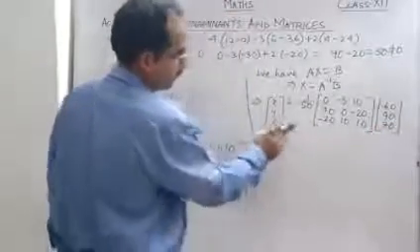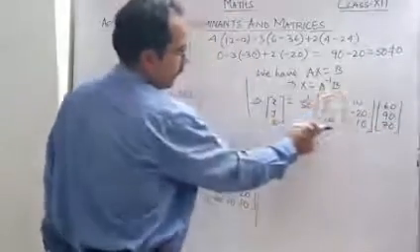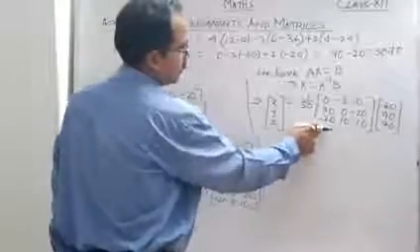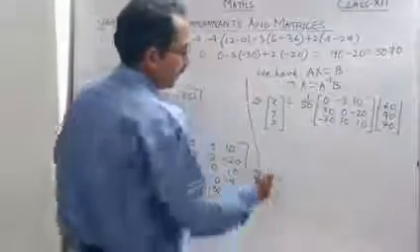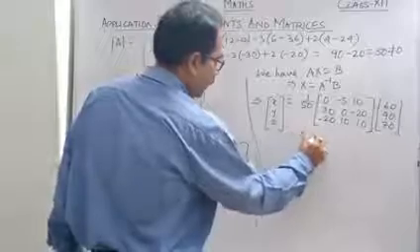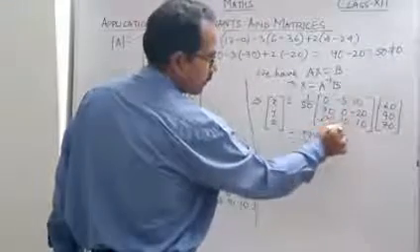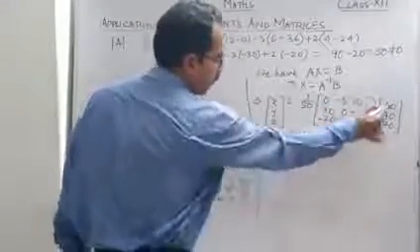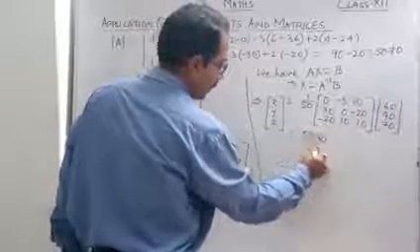So just look here, from each and every element of the first matrix I can take 5 common, and from the B matrix 10 common. So 5 into 10 by 50 is taken common.